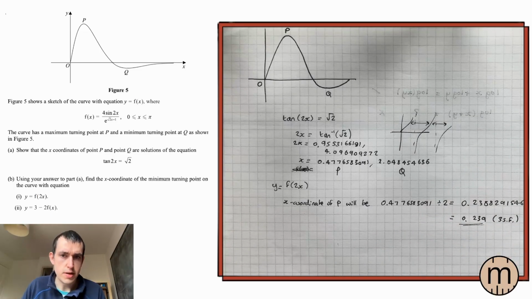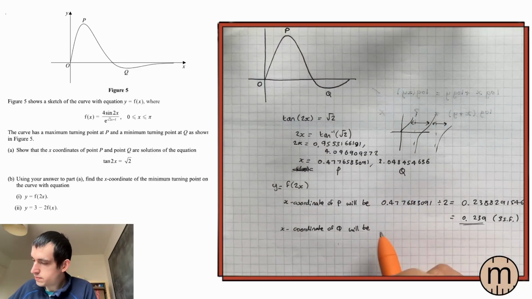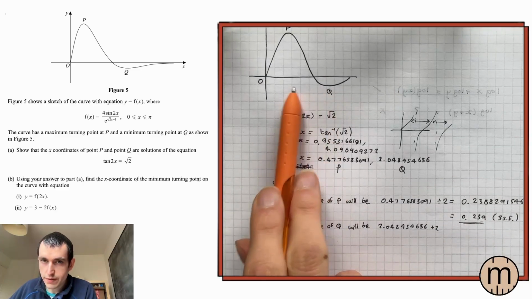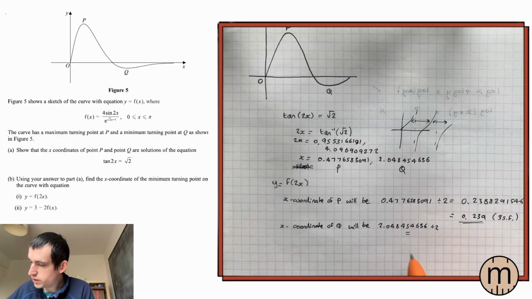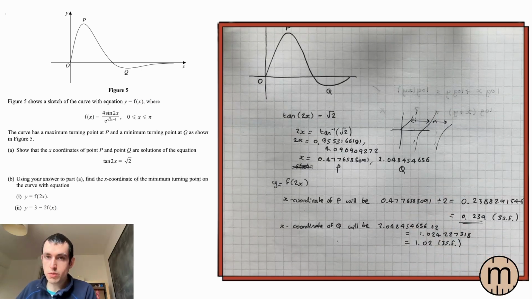It doesn't ask me to round it to anything in particular, so do 2 or 3 significant figures and you should be fine. And the x coordinate of Q will be this value divided by 2 in the same manner, because everything is getting squished by a scale factor of 2, which is equal to 1.02 when we round to 3 significant figures.